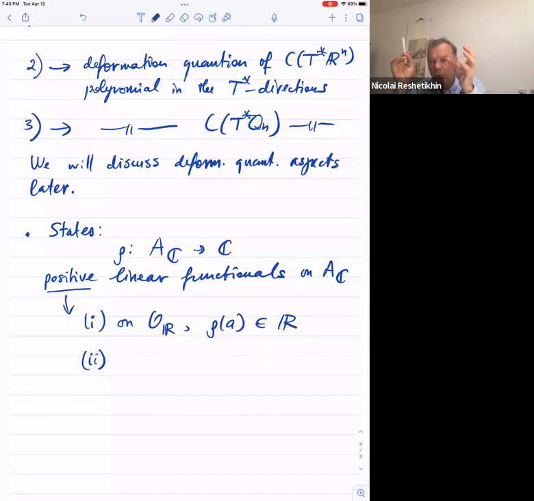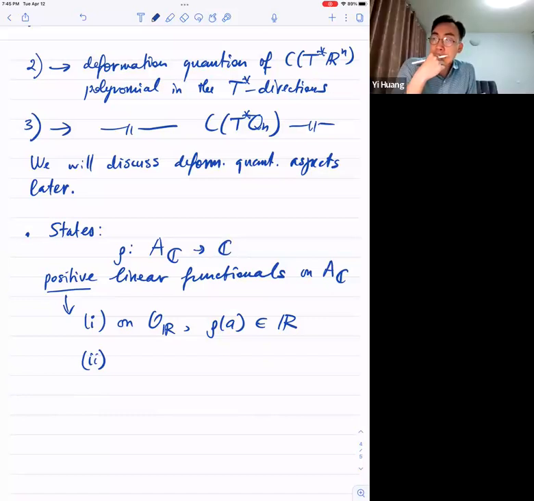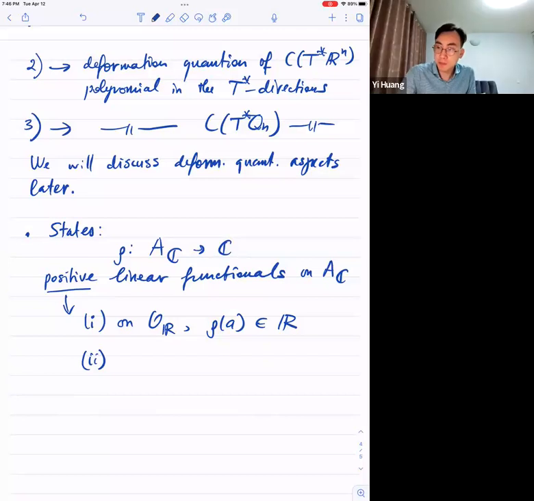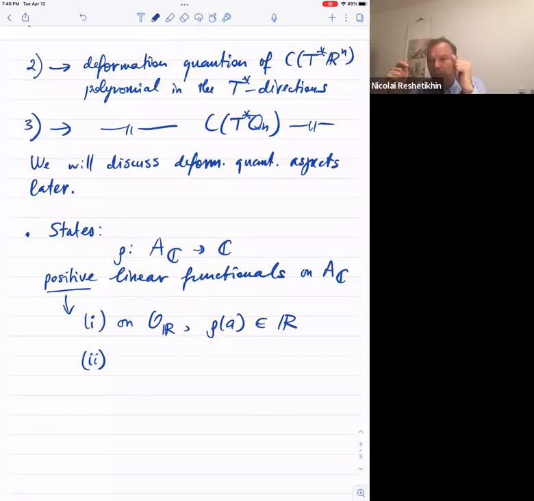Then if we do the coordinate transformation, if we go to a different coordinate chart in Q, we're changing P variables only by the Jacobian that depends on Q. So if they were polynomial in one coordinate chart, they will remain polynomials in the other coordinate charts. Yeah, so this notion makes sense.